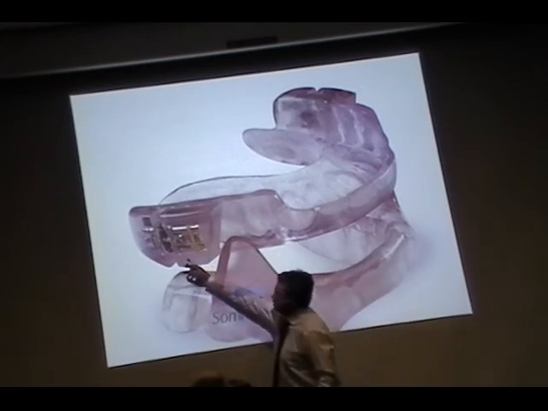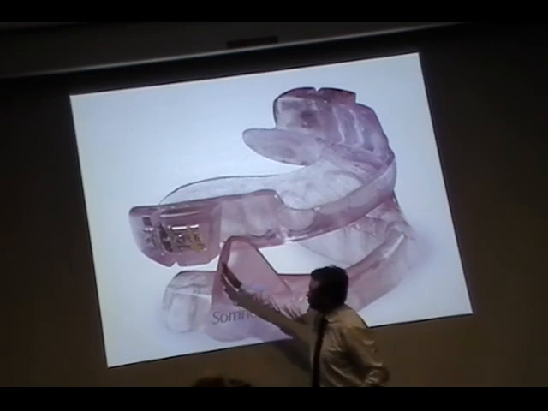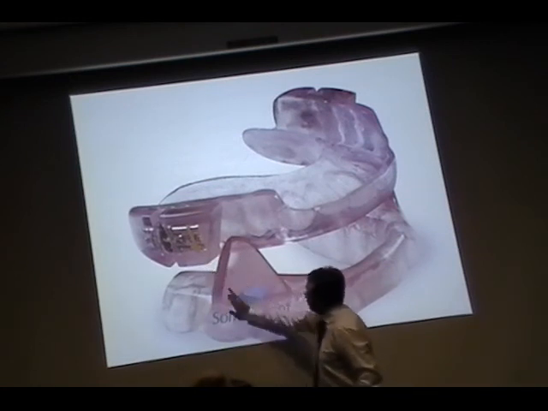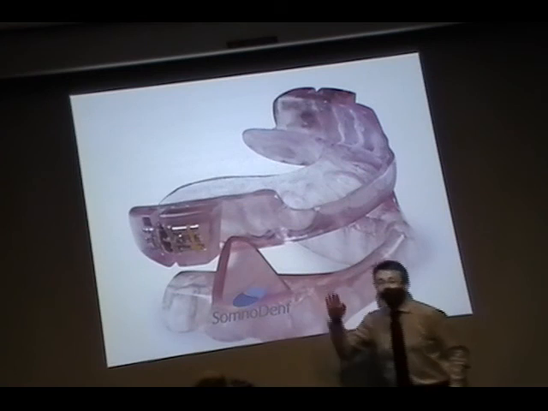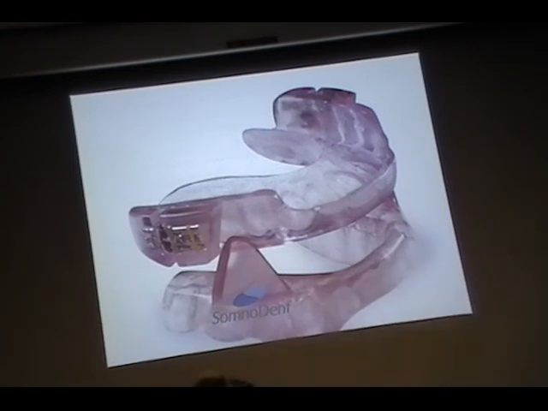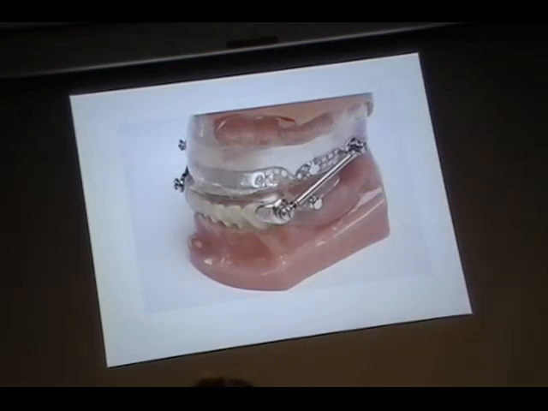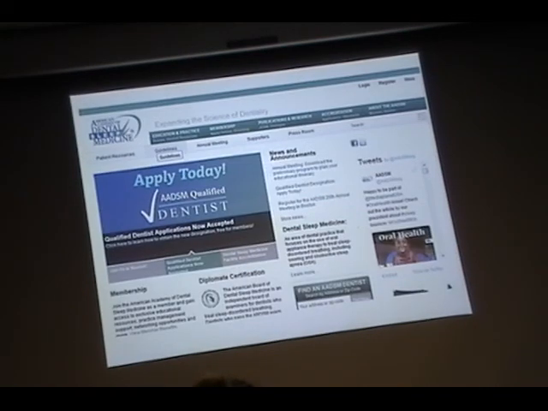And you have a screw here, and the screw is going to push this part of the acrylic up here, and it will hit the fin, and the fin will advance the mandible forward. So that's a very popular one called a Dorsal, and then you have different ones. This is a Herbst. This is something that orthodontists used a lot in orthopedic movements in kids. But regardless of the appliance, you have to basically select it based on the phenotype of your patient.